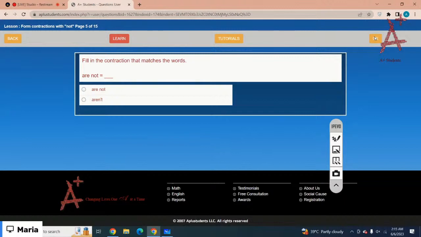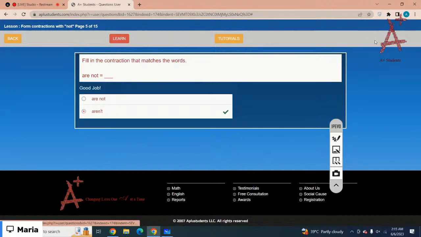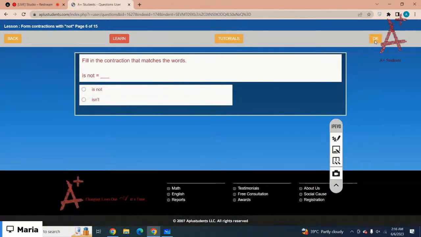Option number two is the correct option. It is aren't. Okay, the next one is is not. How do you write is not? You can skip O from the not, so it would be isn't.